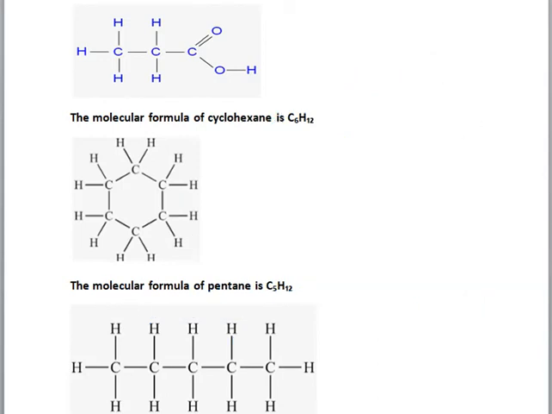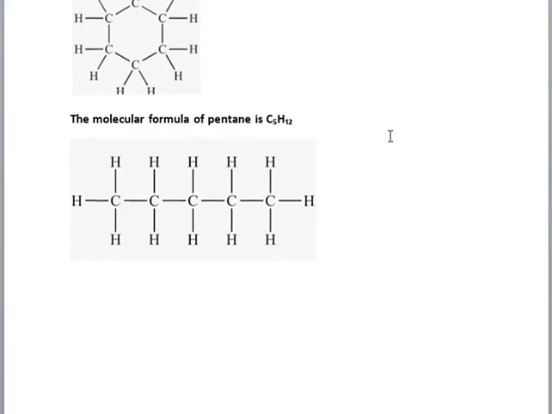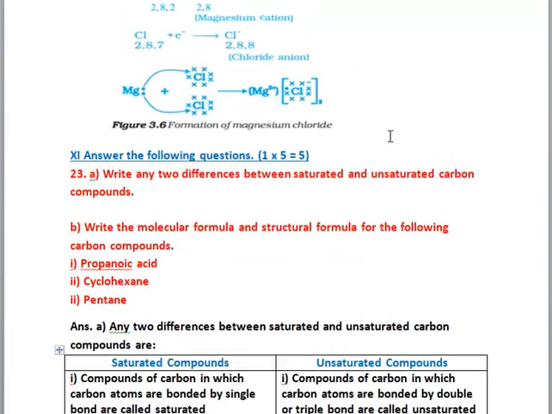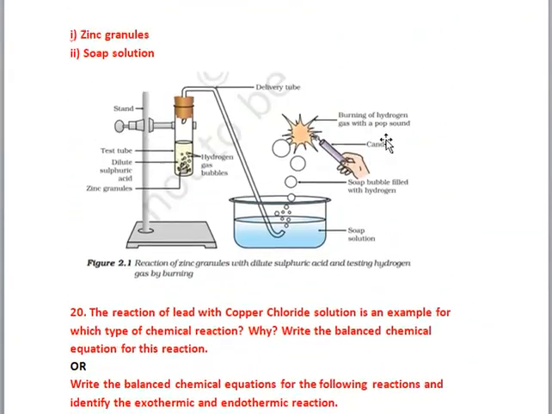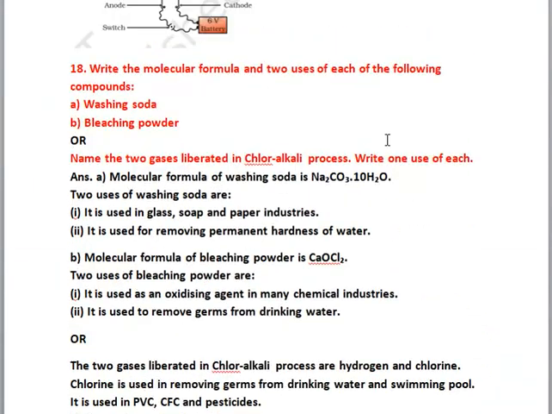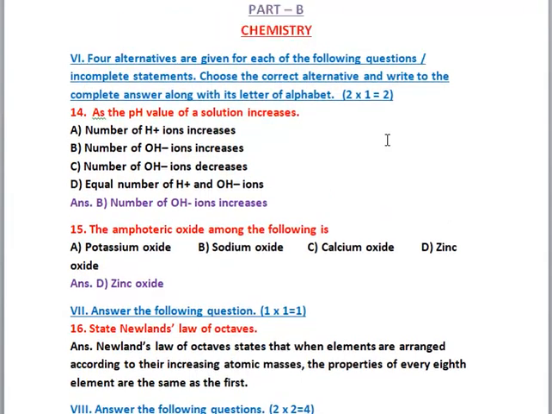So with this we have finished all the questions from chemistry section. I hope you all have enjoyed this tutorial, and the answers are also clear to you, and you all have got an idea that which type of questions can be asked in the exam, and you can definitely score full marks in chemistry, right?